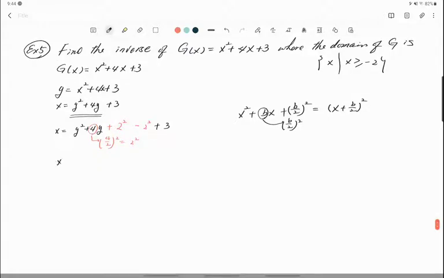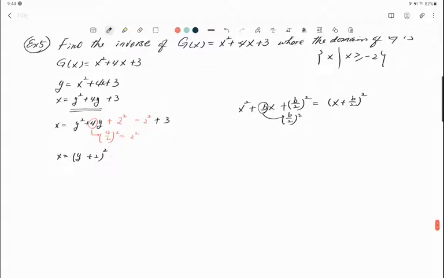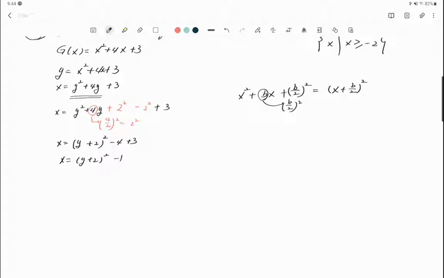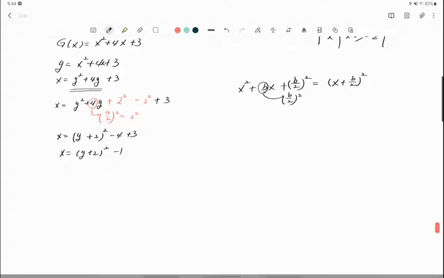All right, then x equals, these three terms will make y plus 2 squared, right? And then minus 4 plus 3. So x equals y plus 2 squared minus 1. And then move this minus 1 to the left. Then x plus 1 equals y plus 2 squared.